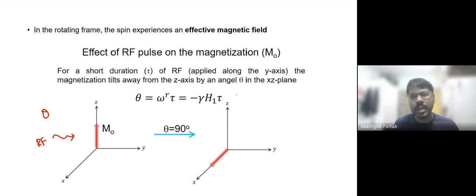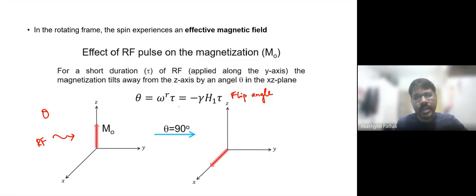This is also called the flip angle. The flip angle is the angle by which the z, or longitudinal, magnetization flips from the z axis into the xz plane when we apply a radio frequency pulse. It is given by minus gamma h1 tau.